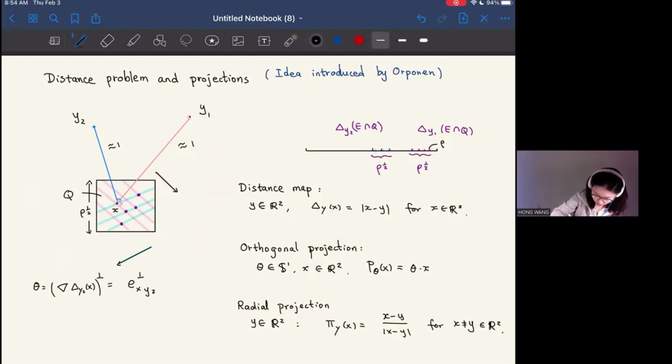In other words, we know that pi_x of E minus some neighborhood of Q is large.